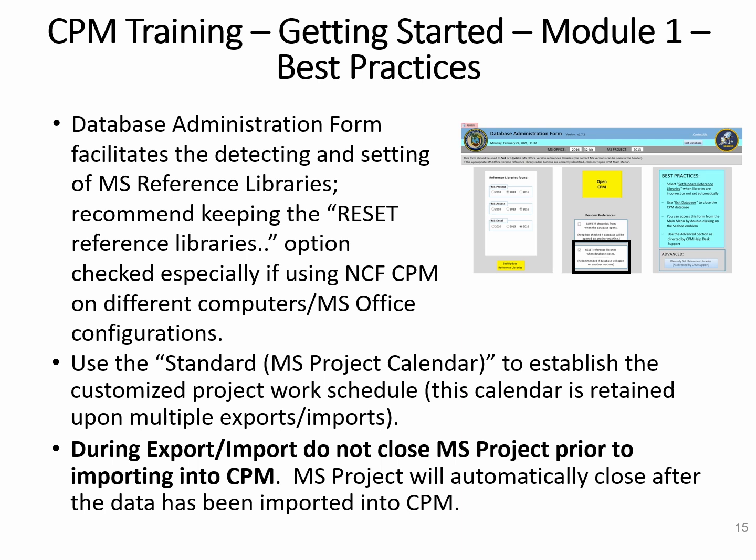The database administration form facilitates the detecting and setting of Microsoft reference libraries. We now have it defaulted where it will reset the reference libraries every time. If you're still using older versions, it is recommended that you get up to 3.1.